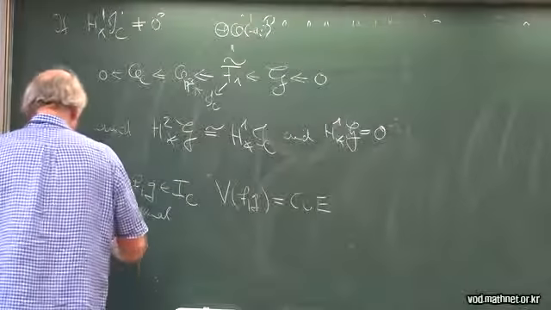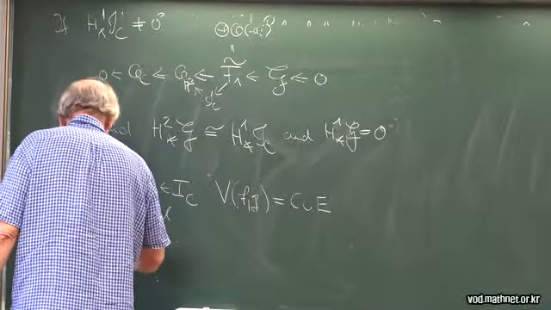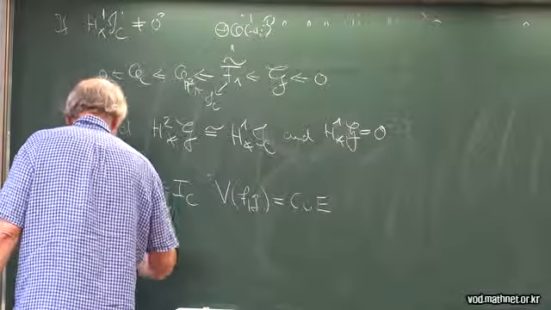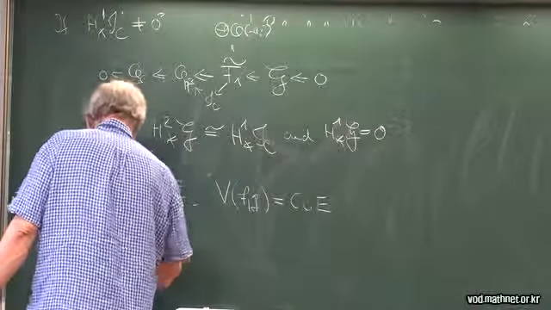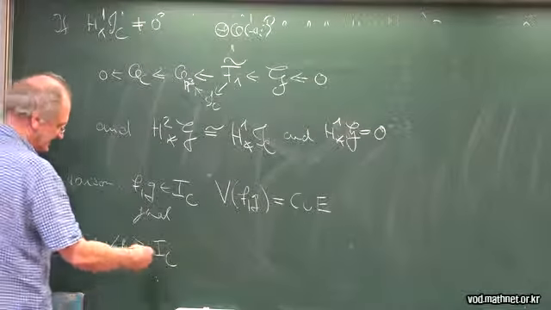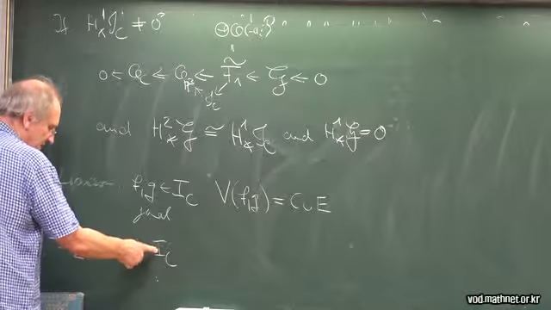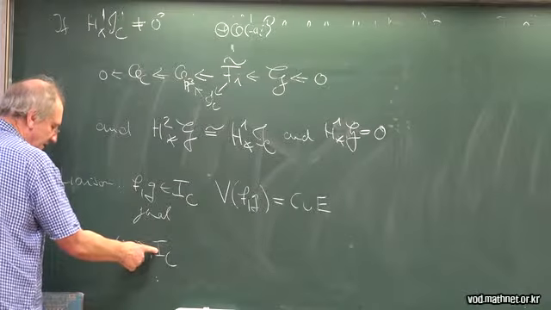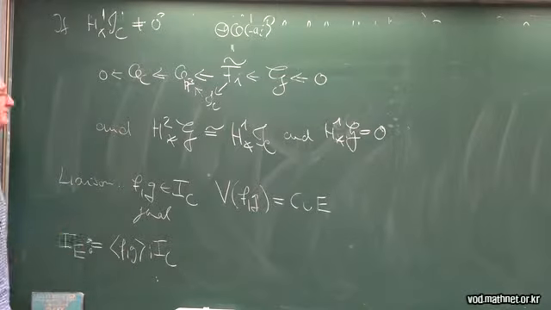So it should be the ideal generated by F, G colon IC. So that's the right definition. This is all the functions which, if I multiply by any element in the ideal of C, I end up in the ideal of the complete intersection. So this is the correct definition.